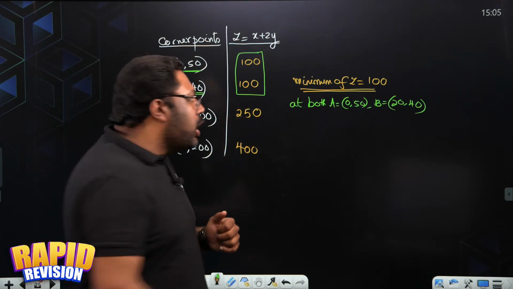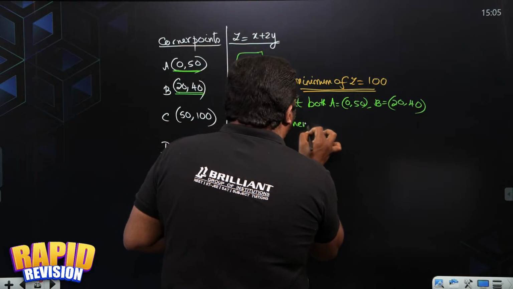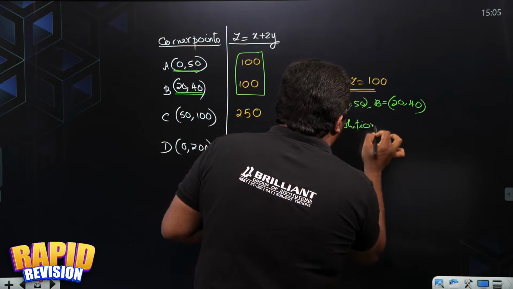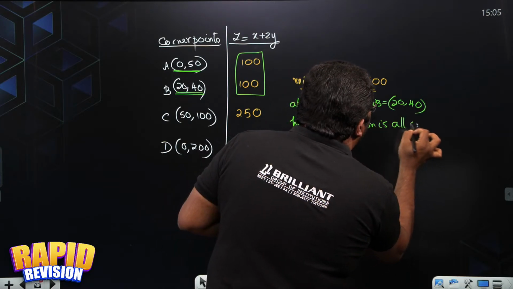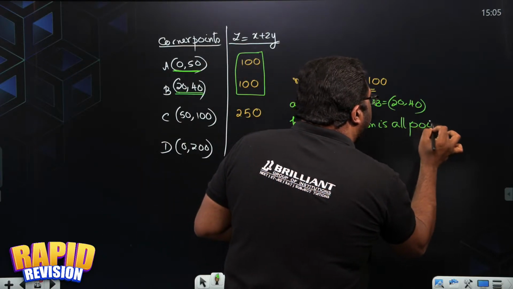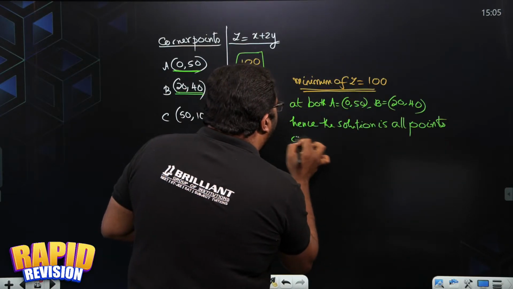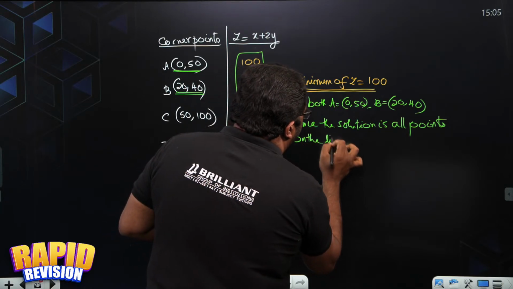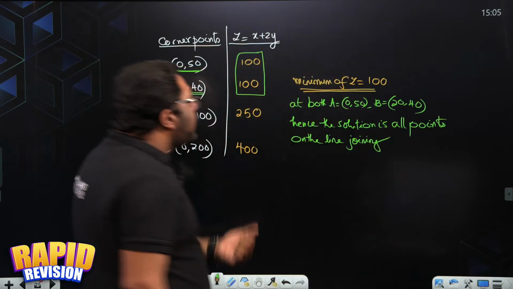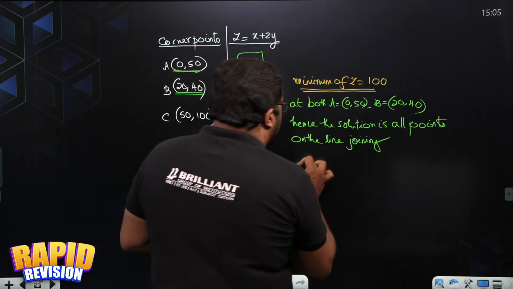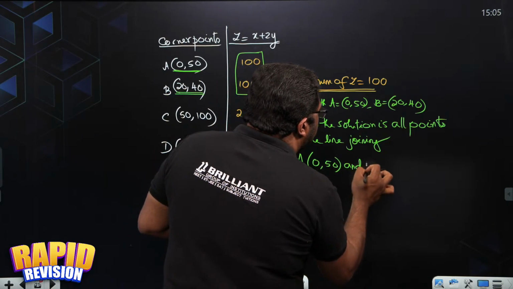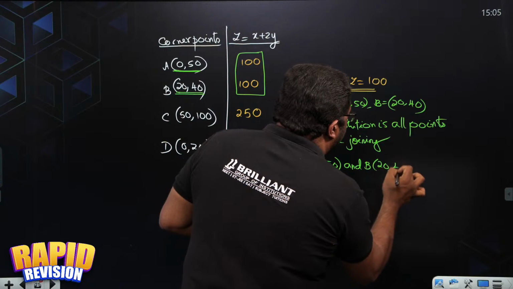When multiple solution comes, you will say, hence the solution is all points on the line joining A (0, 50) and B (20, 40).